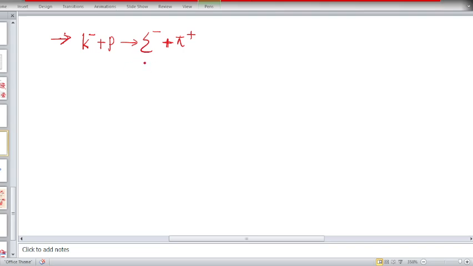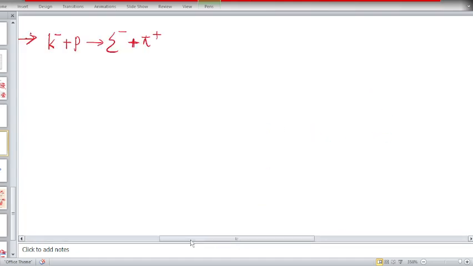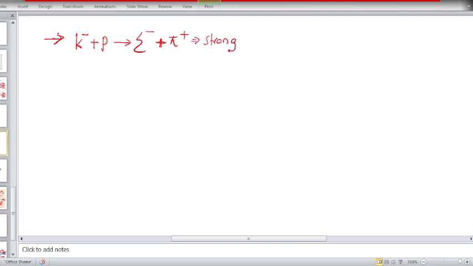Now you can see all the particles which are present here are hadrons. We have already discussed if all the particles are hadrons, then that will be strong interaction. So in this case, you can say directly this is strong interaction, because all the particles present here are hadrons.